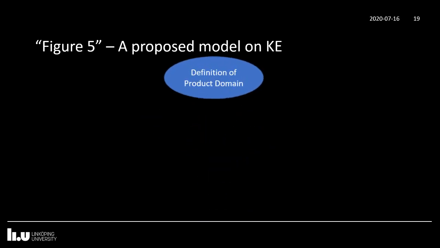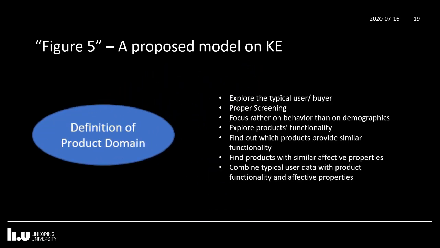We start up with the product domain up here. In the product domain, you look for the user, and understand the user in depth. It's not only just screening users, like a 20 to 25 year old male student, or a 55-year-old mother of two.